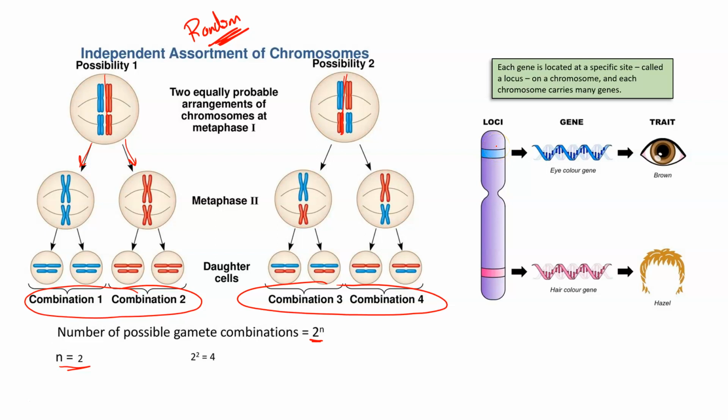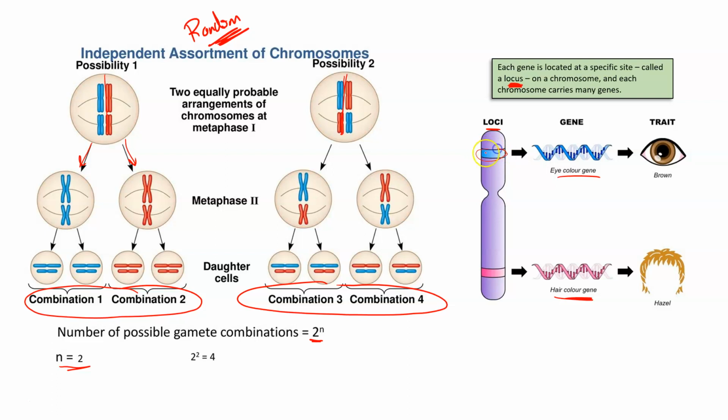The specific site of a gene is called a locus. Plural would be loci. This particular chromosome has 2 genes. One gene is the eye color gene, and one gene is the hair color gene. This gene locus is this specific spot on the chromosome that contains the information possessed by that gene.